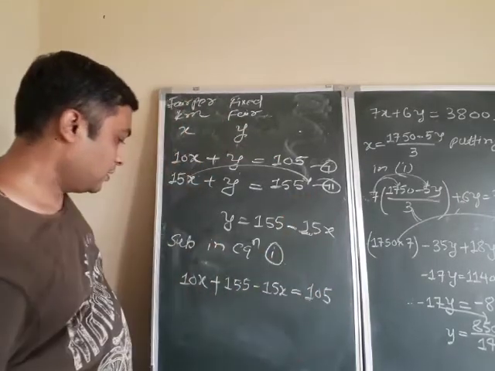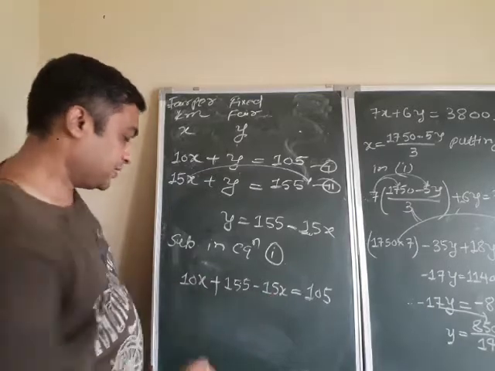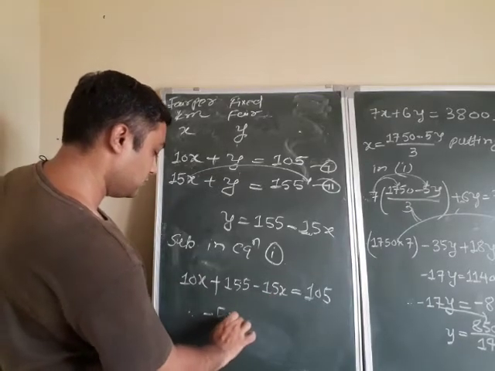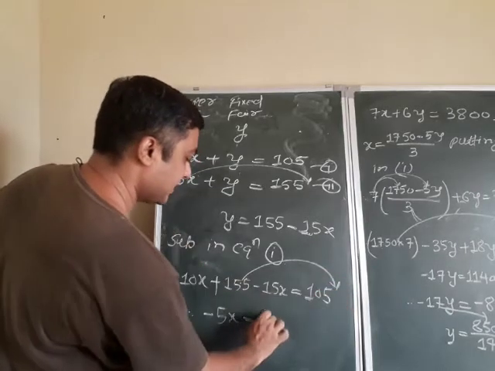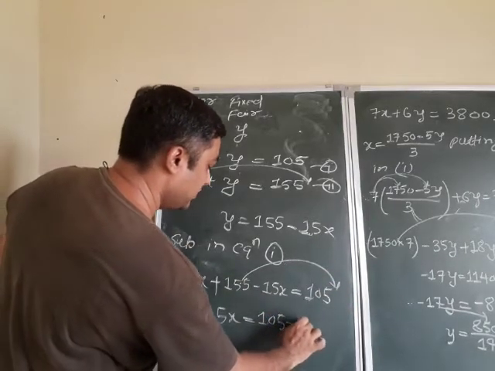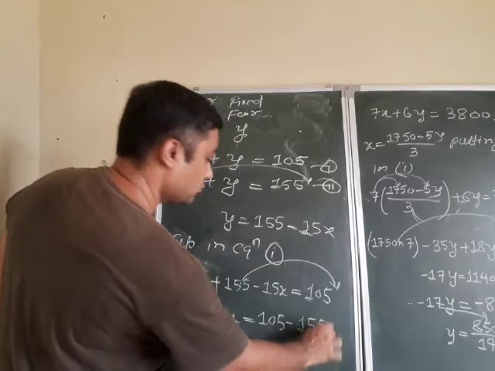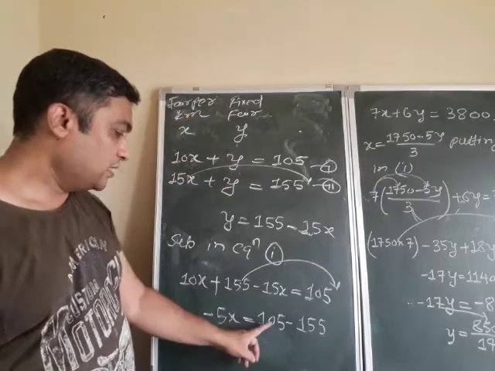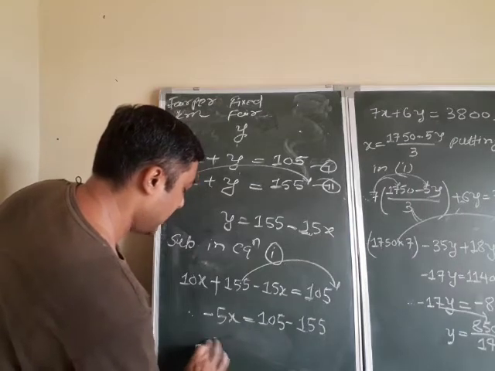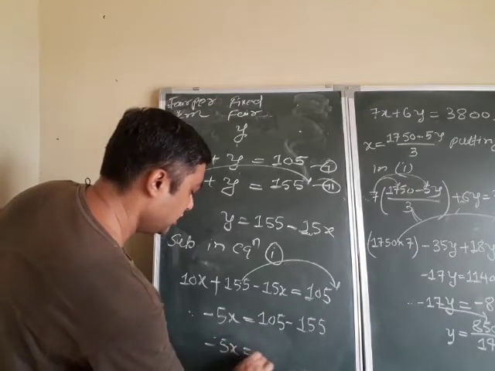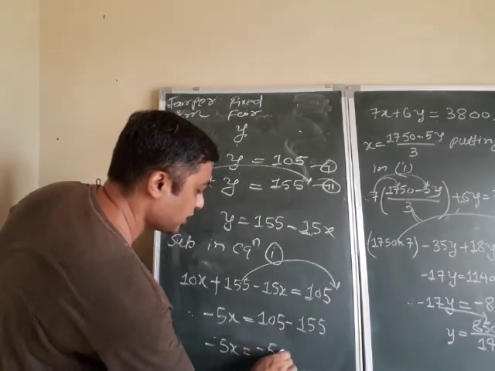Now 10x minus 15x is minus 5x, is equal to 105 minus 155, and that comes minus 50. So minus 5x is equal to minus 50.